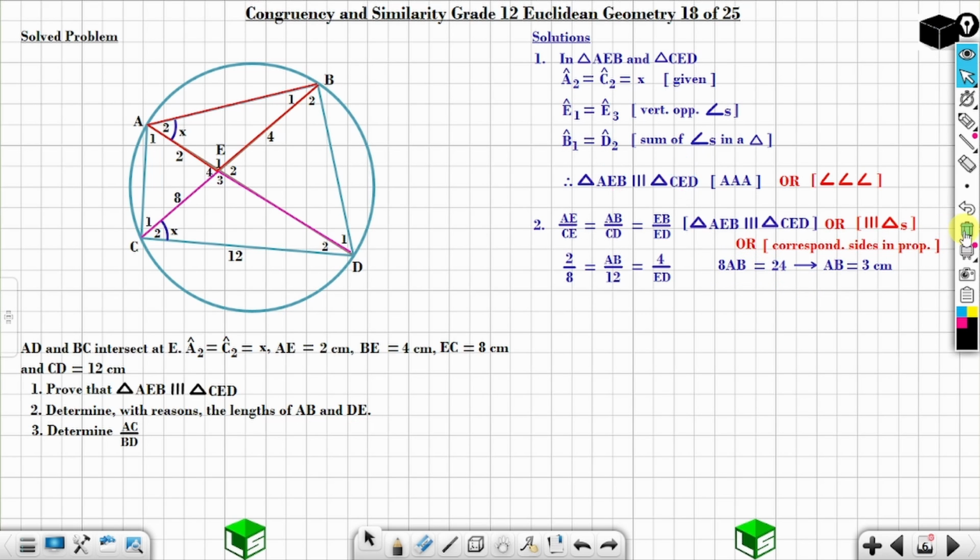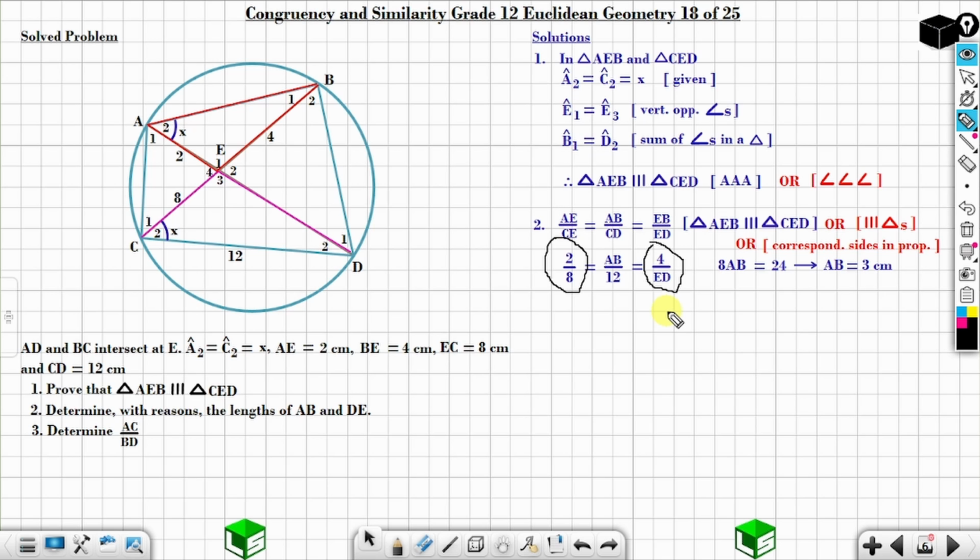Now, to find ED, you can use this part and this part, since you have enough information. You do cross multiplication.